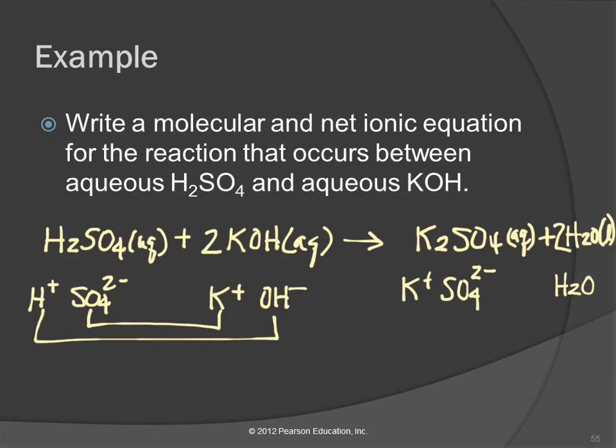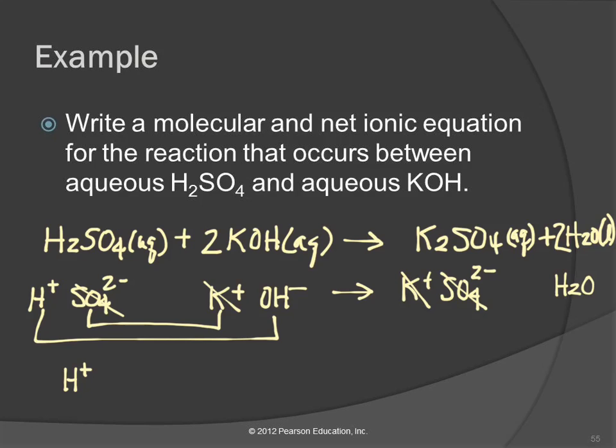And so we've got hydrogen ions, sulfate ions, potassium ions, hydroxide ions on the left side of the arrow. We'll just kind of draw the arrow in here. This is all pluses. And potassium ions and sulfate ions and a water molecule on the right side. What ions are not changing? Potassium's not changing. Is sulfate changing? No, sulfate's a spectator as well. So what do we have left?